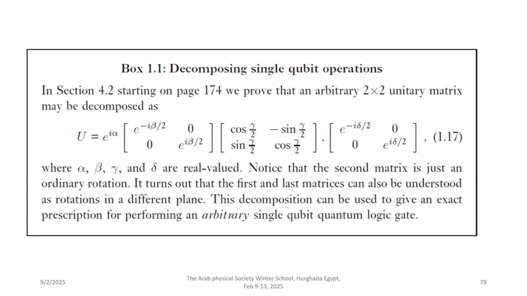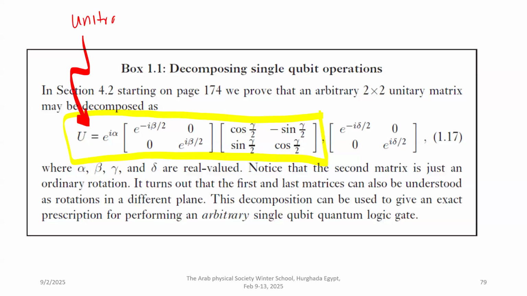I'm not going to go into the details of that. Any single qubit gate has to be unitary. So we have here a unitary matrix, and any unitary matrix can be represented this way. So you end up representing your qubit changes using this.